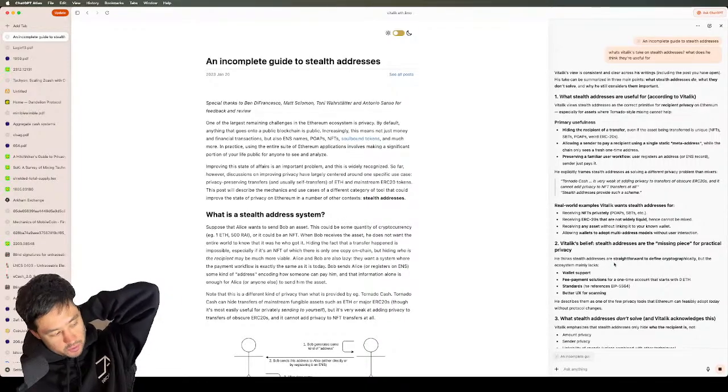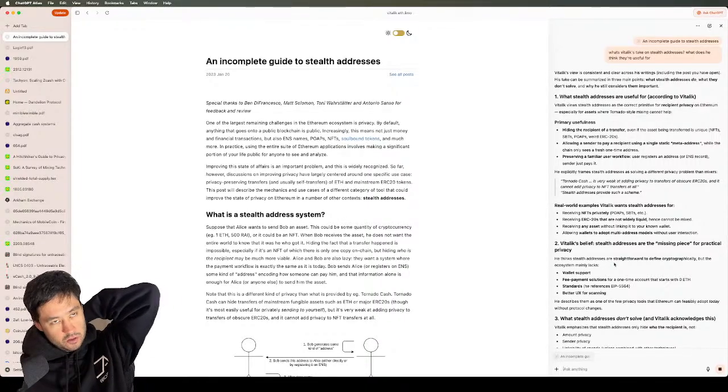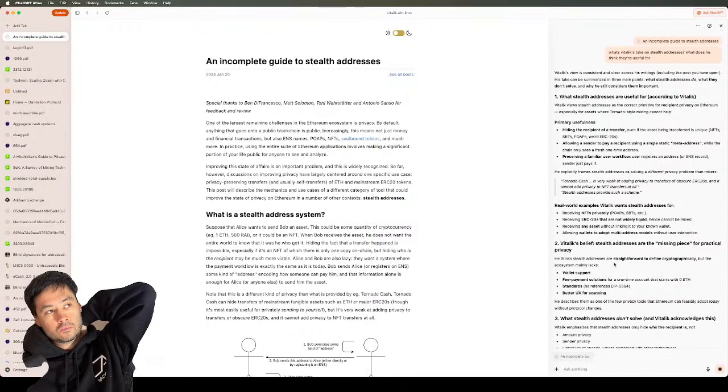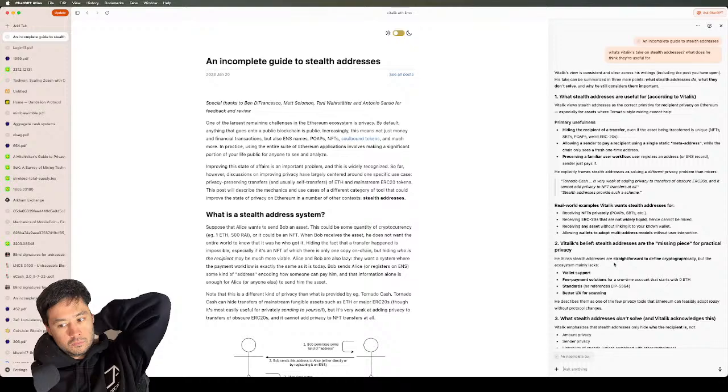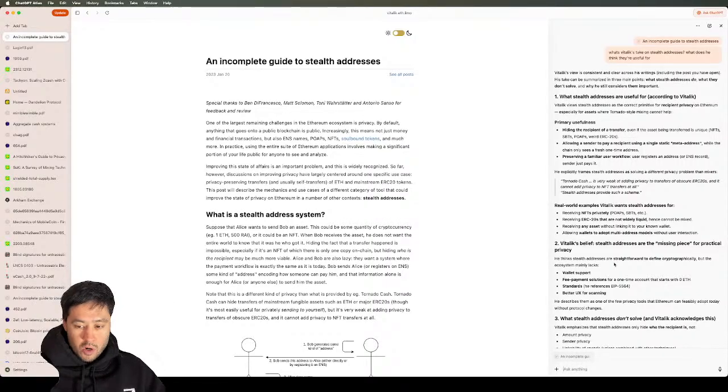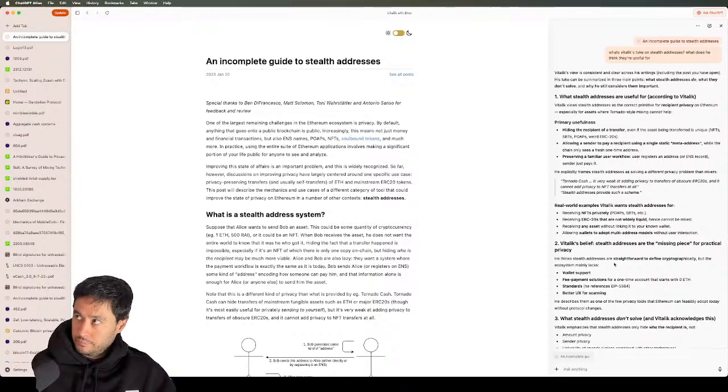Would Zcash work with stealth addresses? That would be interesting, no? Why wouldn't Zcash use stealth addresses?